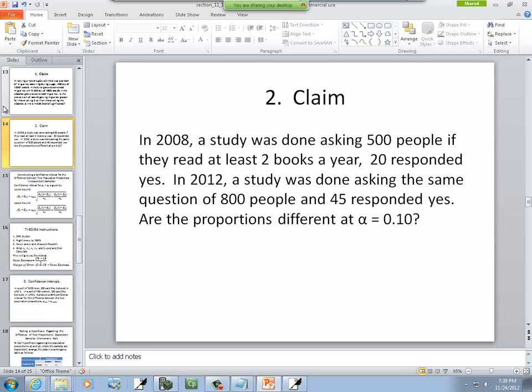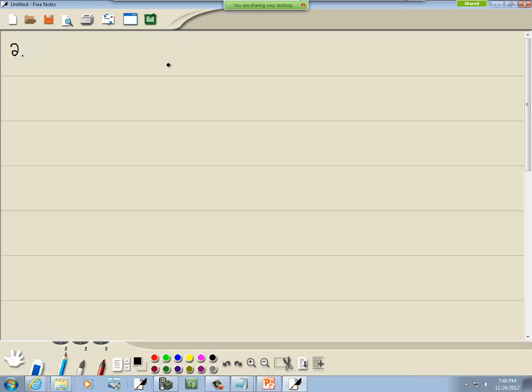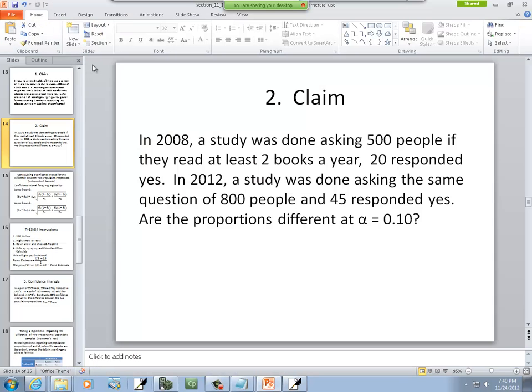We've seen from some of the previous problem that we'll use this same information in all 4 different techniques. So let me write up here at the top. In 2008, a study was done asking 500 people if they read at least 2 books a year. 20 responded yes. In 2012, a study was done asking the same question of 800 people, and 45 responded yes.